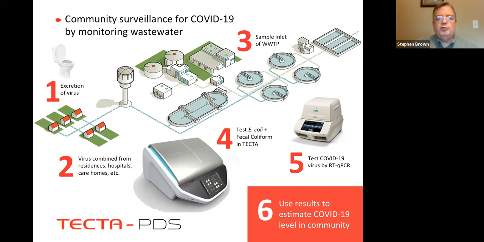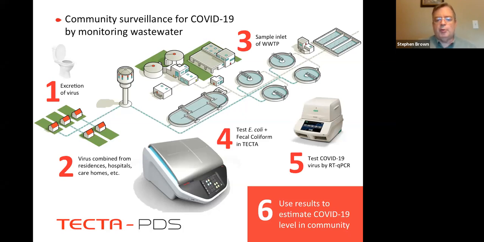And so it's a really convenient place to take a single sample that can give you an idea what's going on in the wider community. And so what we've done is incorporate a TECTA instrument into this process so that as the wastewater sample is taken, a 1 milliliter sample goes off into the TECTA instrument.